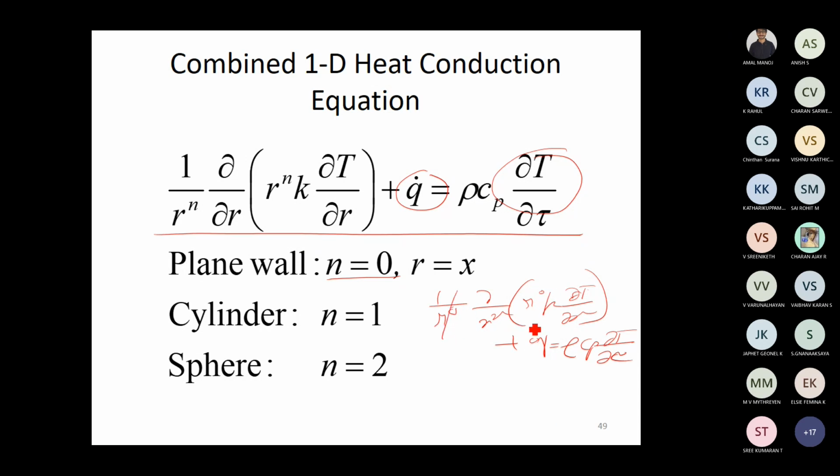So this one also will vanish. So what you will have is dou by dou x of k dou t by dou x plus q dot is equal to rho Cp dou t by dou tau. So in this way, from this general equation, you can derive the equation for plane wall.